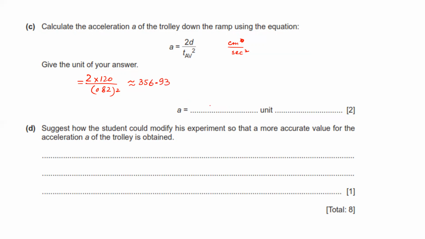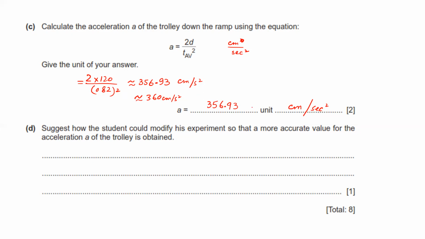So we'll use this value, acceleration 356.93, and units are centimeter per second square. Remember, your marking scheme in this question says that the value is 360 centimeters per second square. I mean, it's up to you, but the best value is to use the actual calculated value up to 2 decimal places and use the units as such.